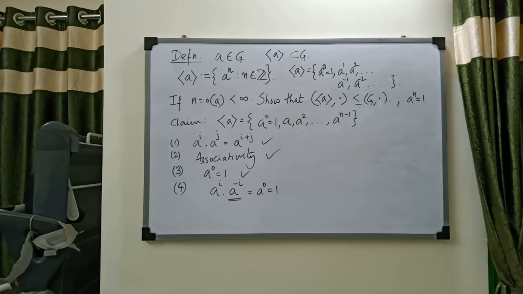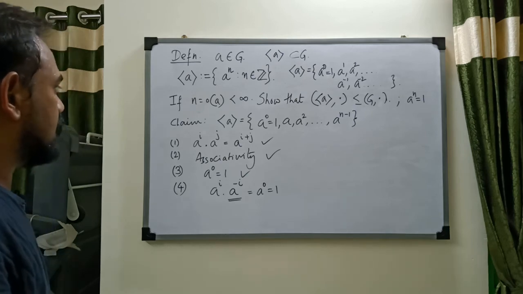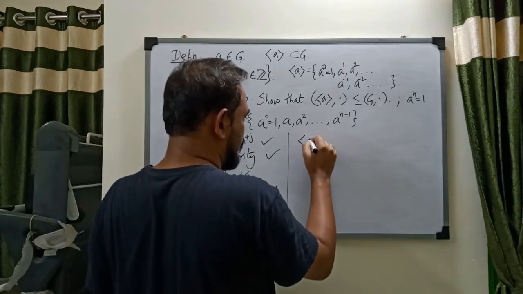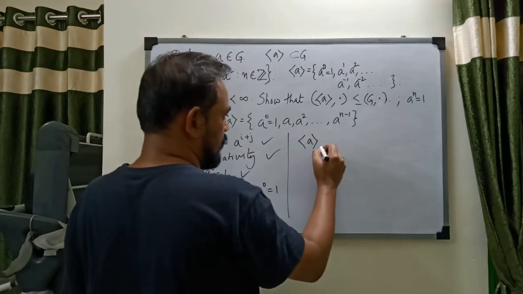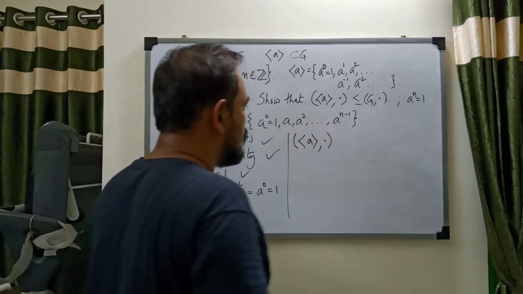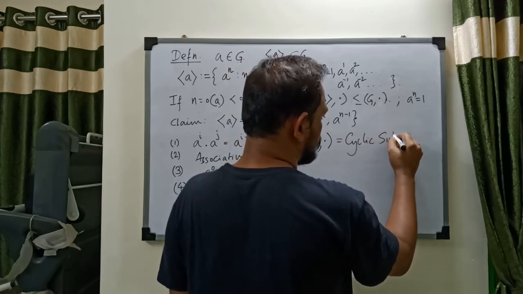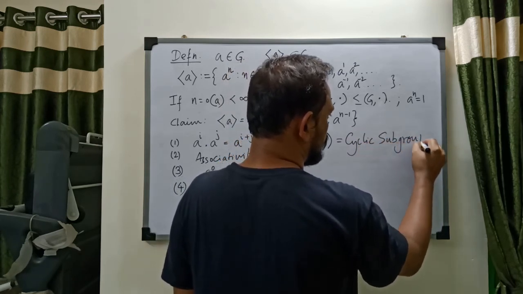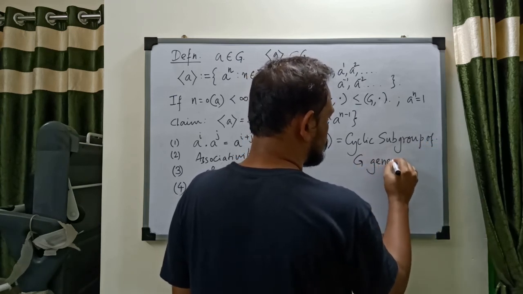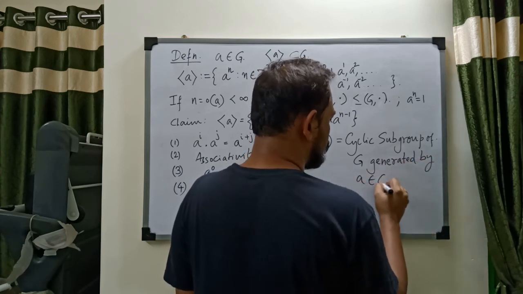This new thing that I have defined, with the binary operation, is called a cyclic subgroup of G generated by the element a in G.